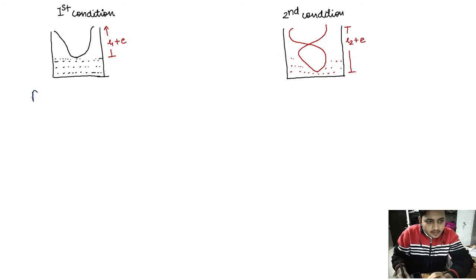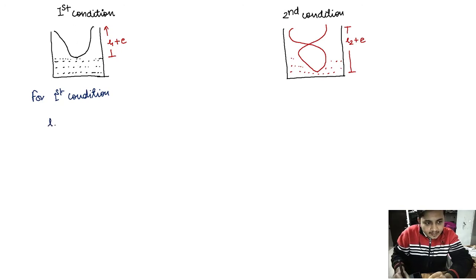So for the first condition, here L1 plus E we have taken, that is our node and antinode distance.